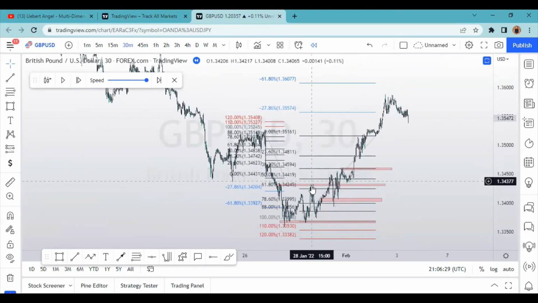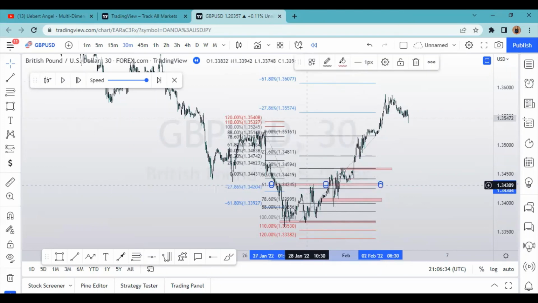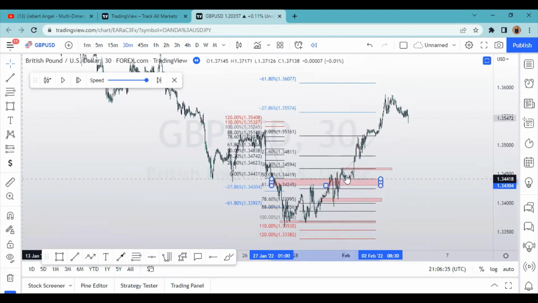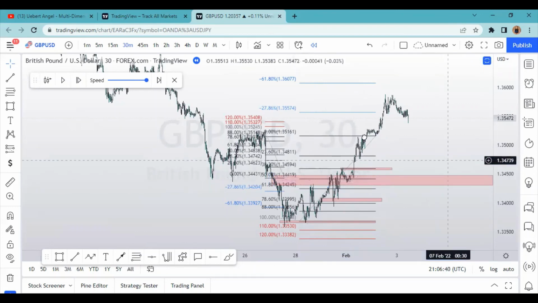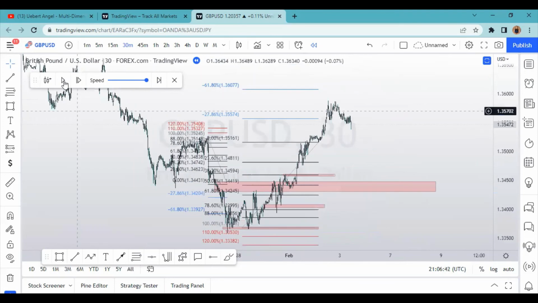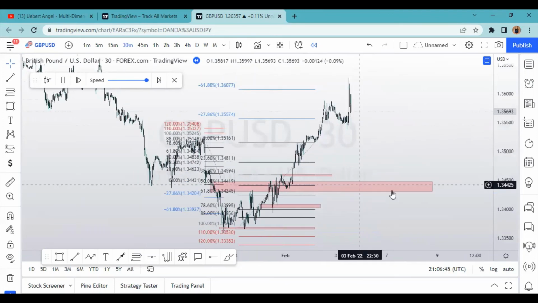Where did the price come out from again? Here. Okay, here. So we are waiting on a correction of this move itself.